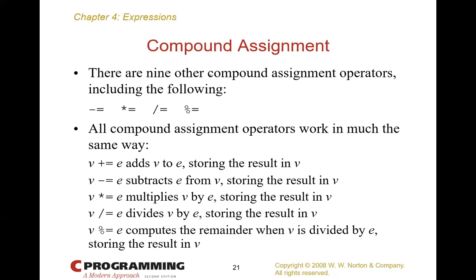So there are 9 other compound assignment operators, including the following. This is plus equal, this is subtract equal, this is multiply equal, divide equal, and then this is modulus.